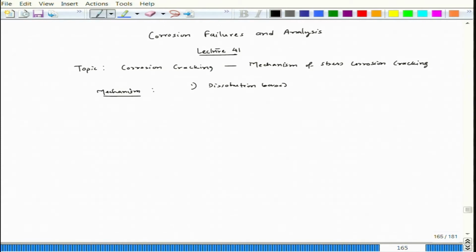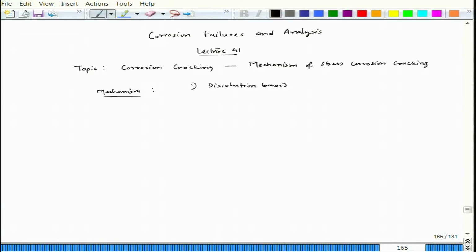In all those cases dissolution initiates the crack, and you have the stress coming in, which allows the crack to keep opening up. So, that is the dissolution based, and we talked about that in the previous lecture.